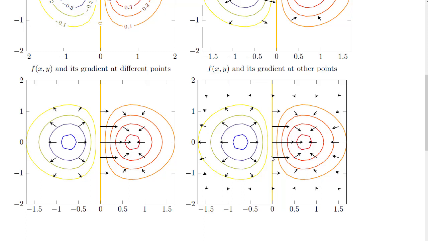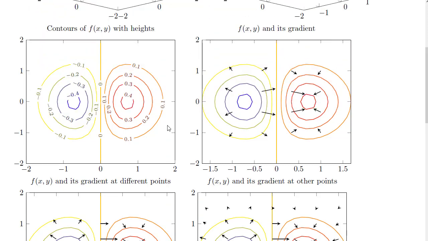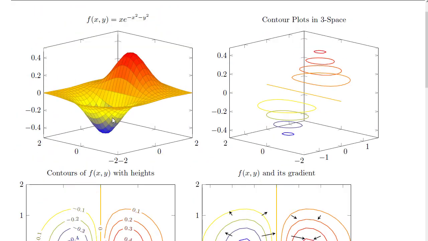This is a much steeper area here than here. Okay, and you can also see that based on how close level curves are together. It makes sense if all these level curves are really close together, that's going to be a steeper climb than when they're further apart, right?